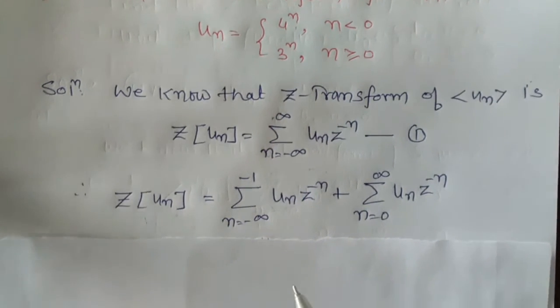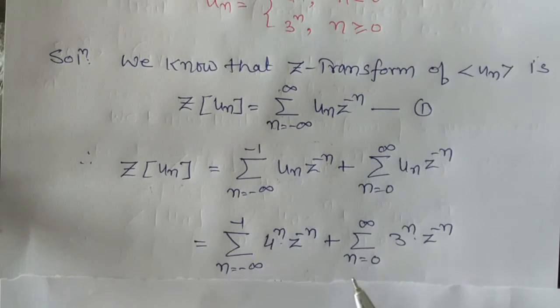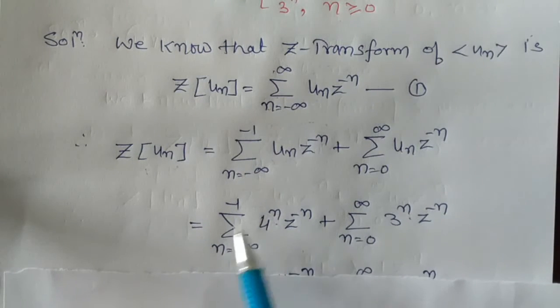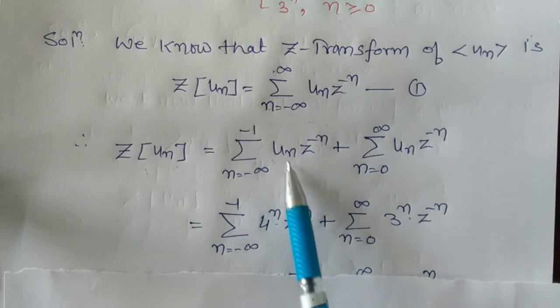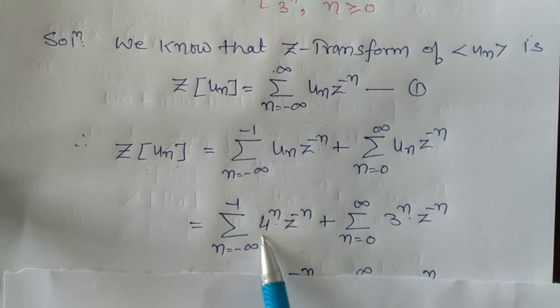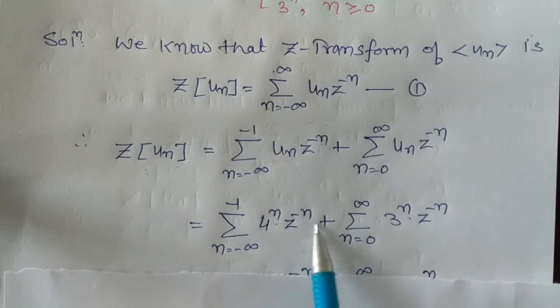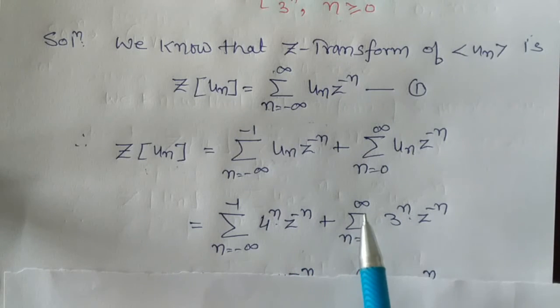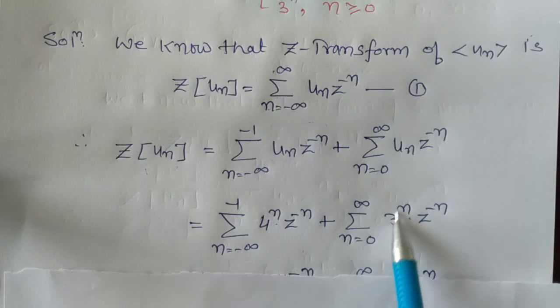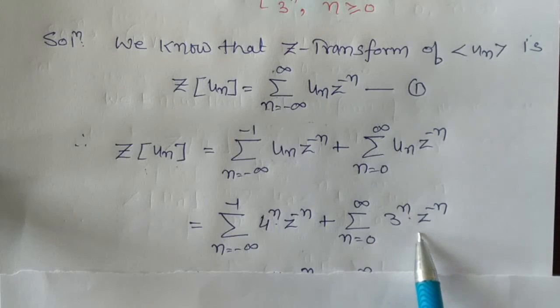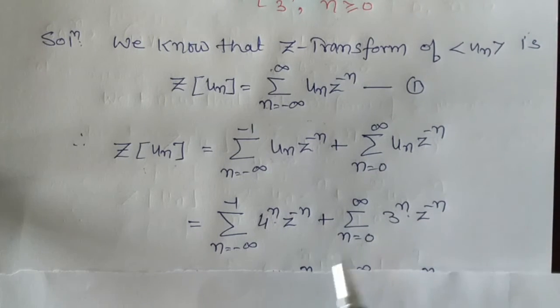So putting the value of u(n), we get summation n goes from minus infinity to minus 1, 4 power n into z power minus n, plus summation n goes from 0 to infinity, 3 power n into z power minus n.